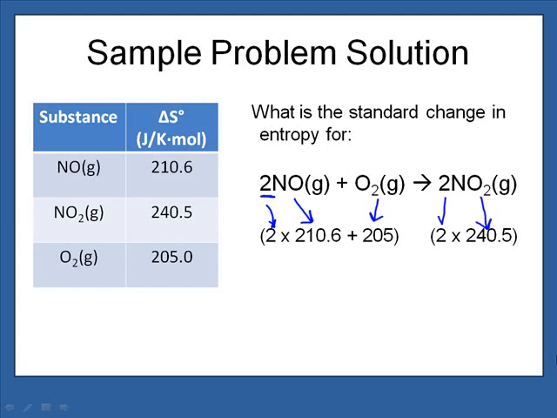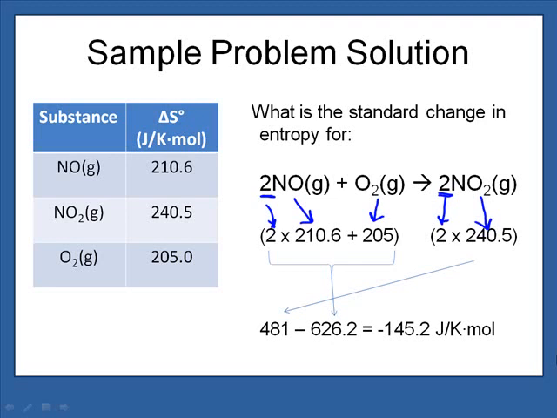And again, we have to keep in mind that it's 2 moles, so we have to multiply the molar value by 2. And we just apply our equation, where the sum of the product entropies minus the sum of the reactant entropies, in this case, gives us negative 145.2 joules per Kelvin mole whenever we subtract them.